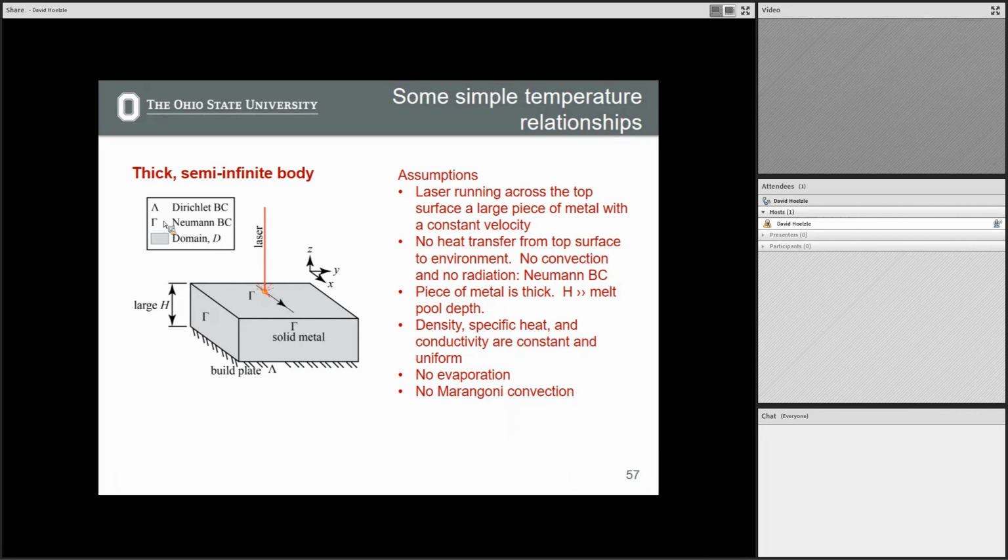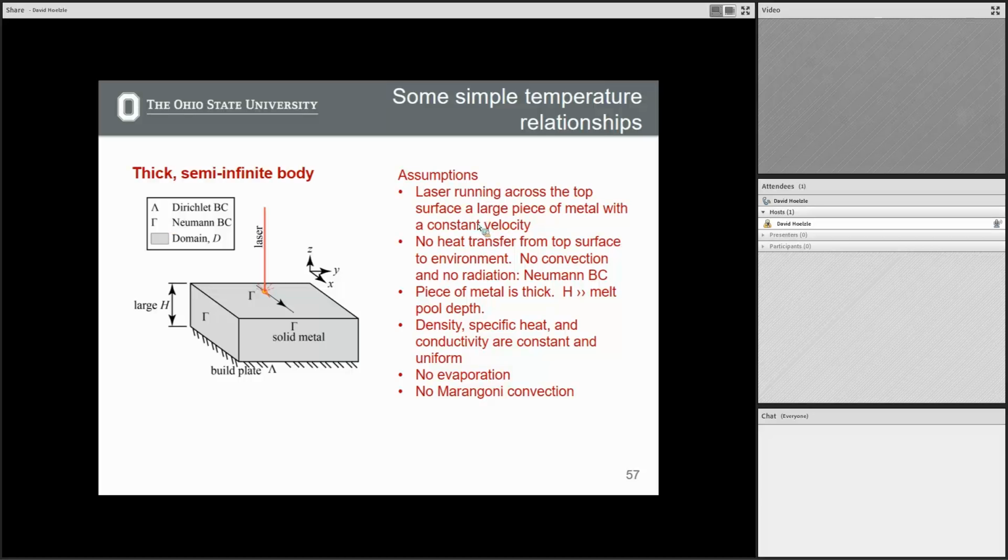So it's not powder bed fusion actually, but it's somewhat close, and we're trying to understand temperature relationships and how that corresponds with what you would see if you were to try and melt powdered metal on top of a metal surface.